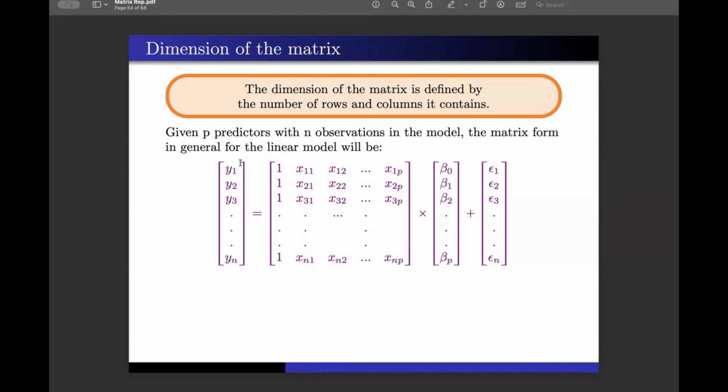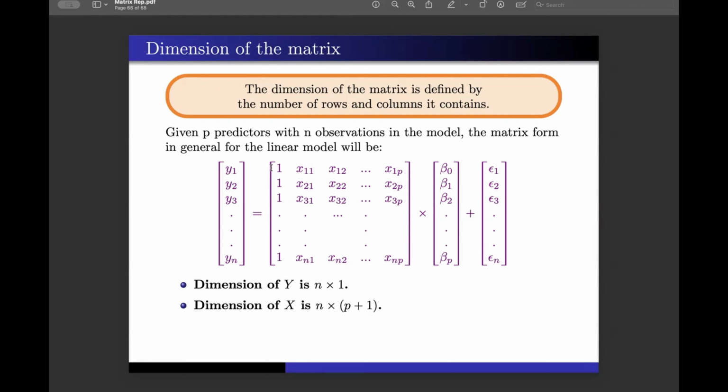Now, if we look at the dimension of the Y matrix, we have the value of the dependent variable for each observation. Rows correspond to the observations, so we have n observations, n different rows, and we just have one column. And thus, the dimension of Y matrix is n cross 1. Let's look at the dimension of X matrix. We have added a column of ones in X for the intercept, followed by the values of all the other independent variables.